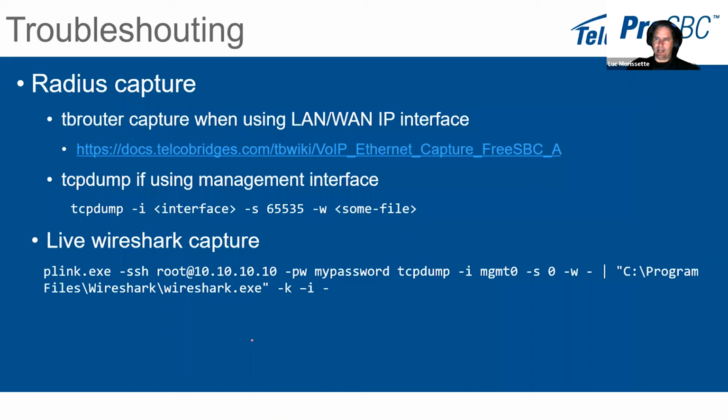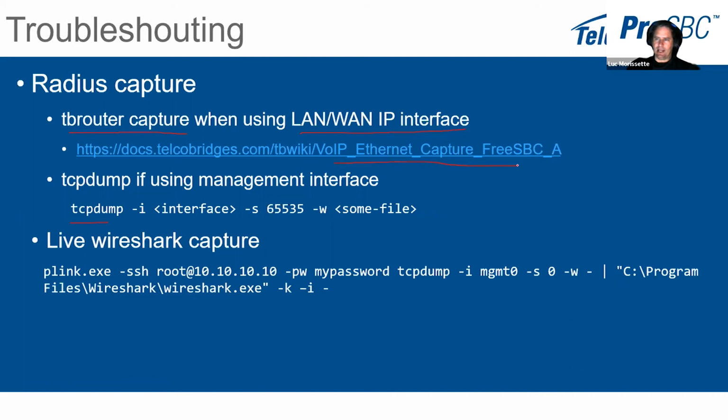For troubleshooting on the radius capture, like I said in the previous presentation, if it's on a management interface, you can do a TCP dump because that's a regular CentOS, nothing fancy there. But if you are using an IP interface, a LAN 1 IP interface, to send the radius information, then you need to do a TB router capture.